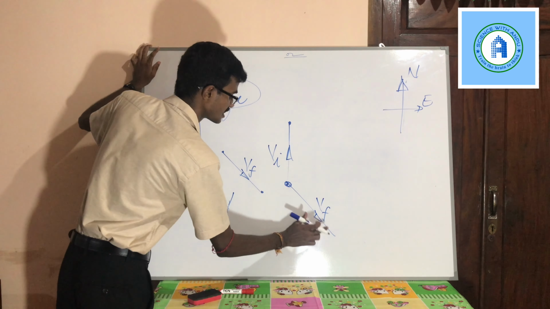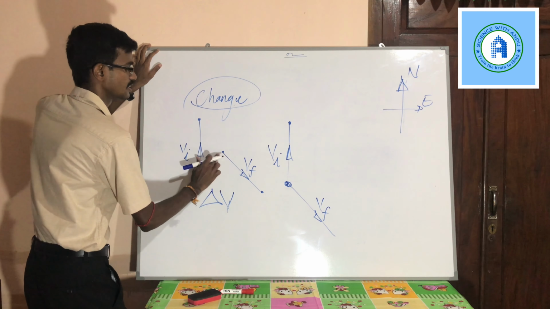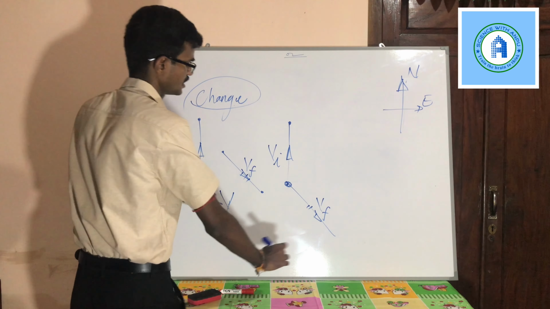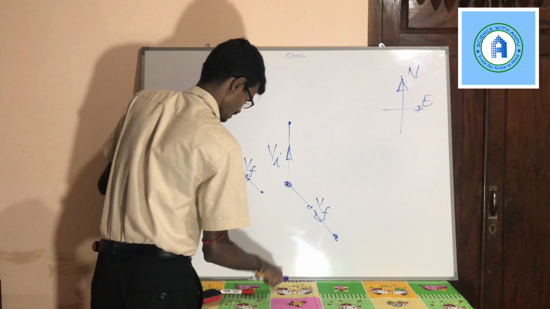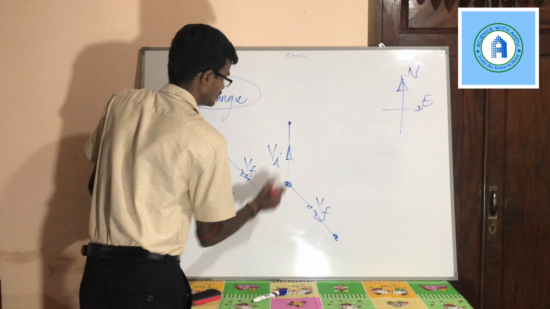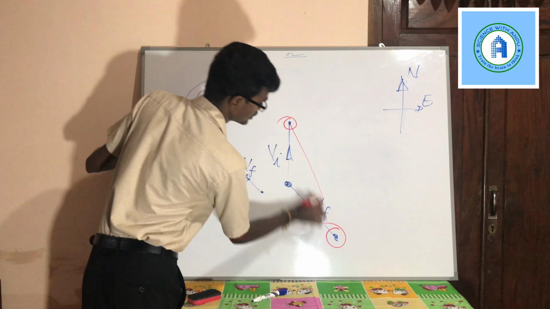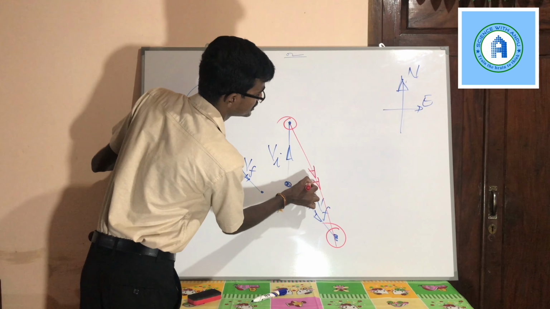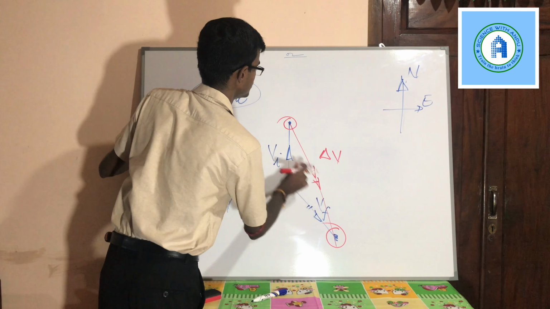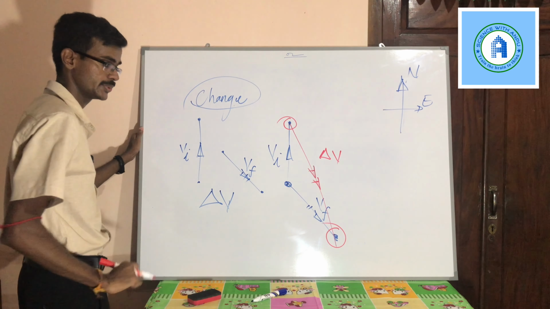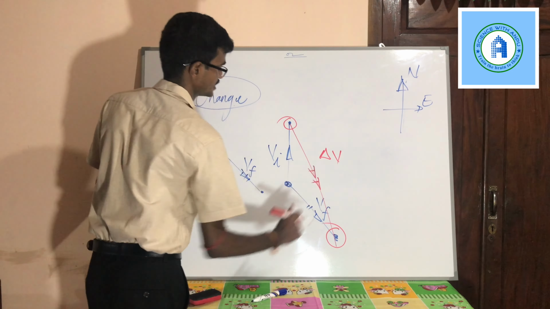It should be parallel, and the direction and length should both be the same. From the end of the initial to the end of the final, this will give the change delta v. The length of this line will give the magnitude and this will be the direction.